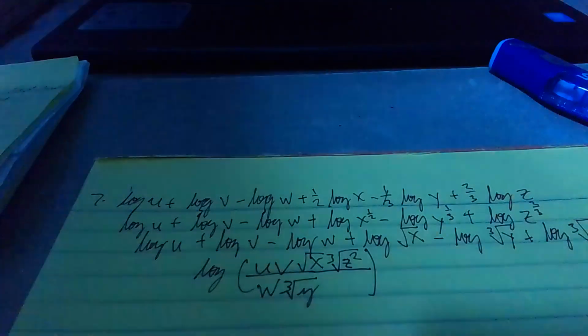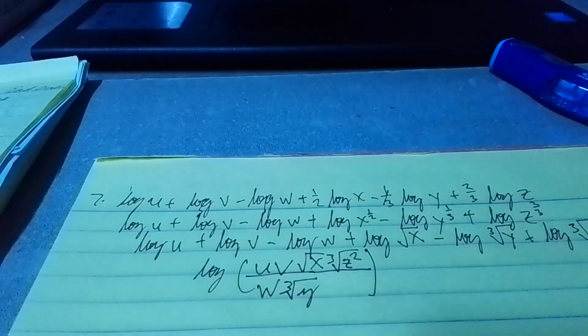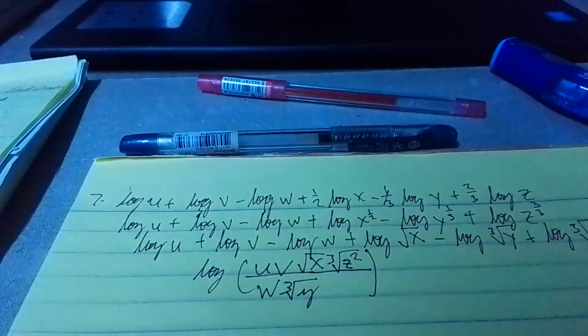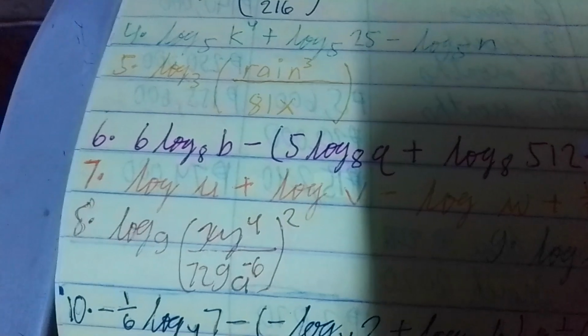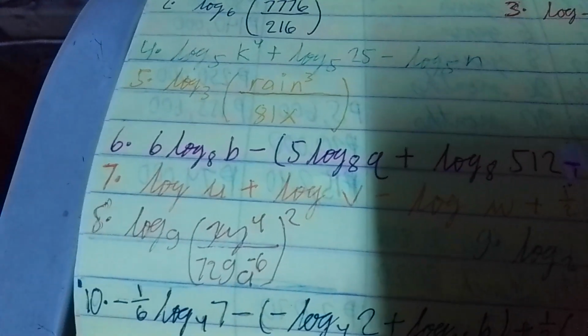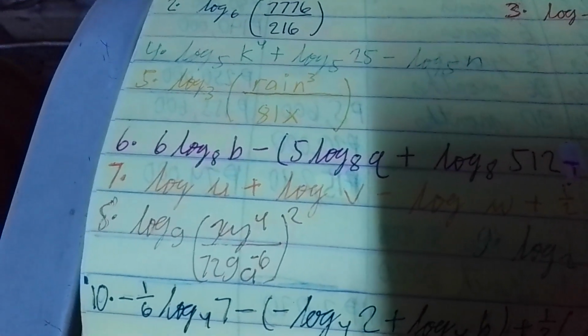And that is your final answer. So, therefore, the final answer is log of u v times the square root of x times the cube root of z squared divided by w times cube root of y. Very good. And that's how we condense the logs.